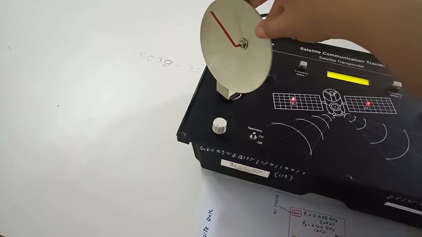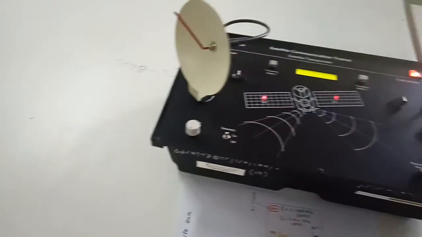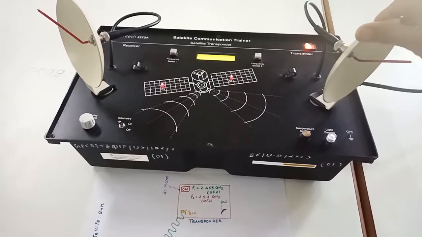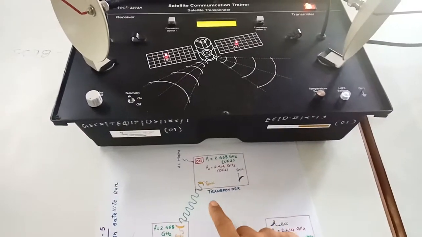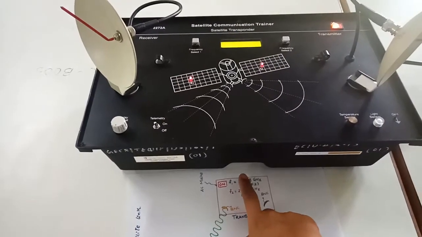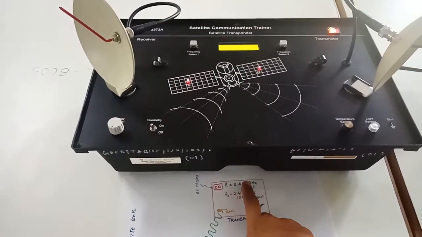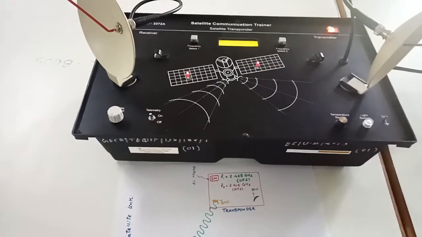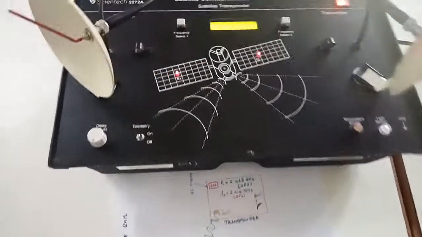I have set the receiving antenna in front of the downlink transmitter as well as the uplink transmitter. Next, I need to set the uplink frequency to 2.468 GHz, which I have sent from the uplink. So let us set it.